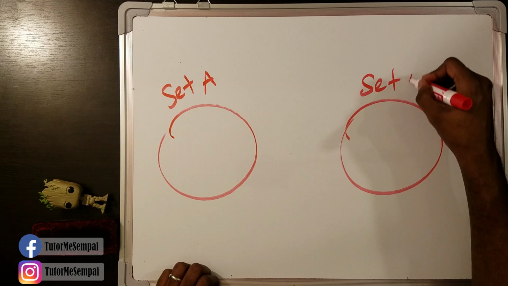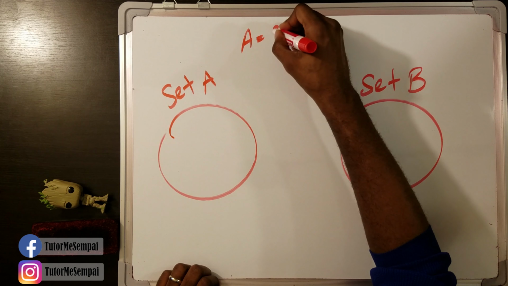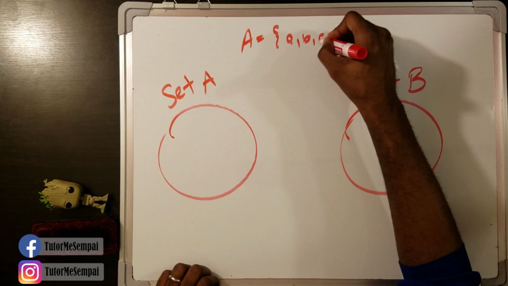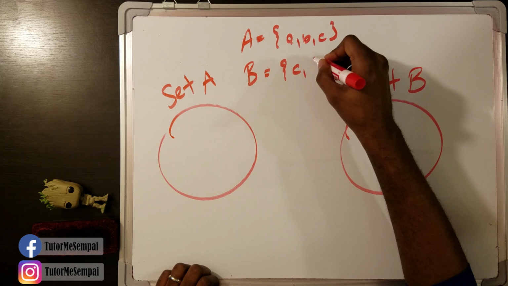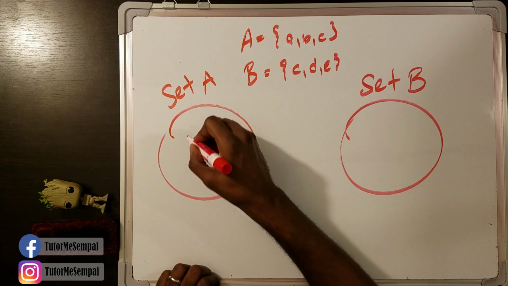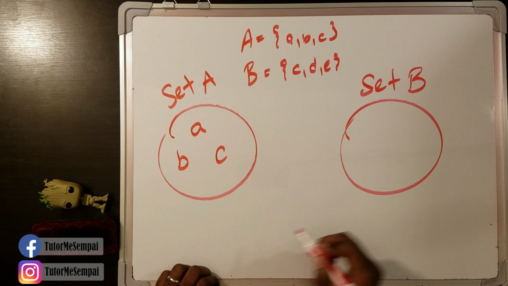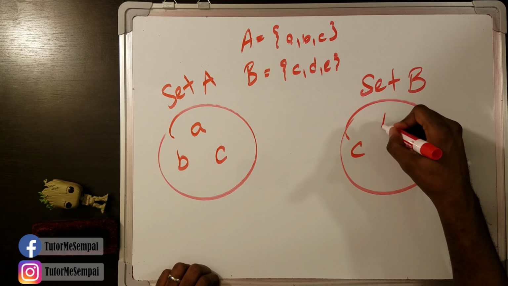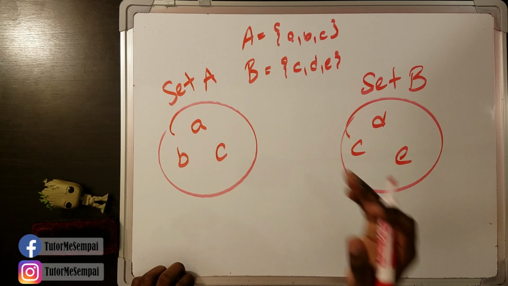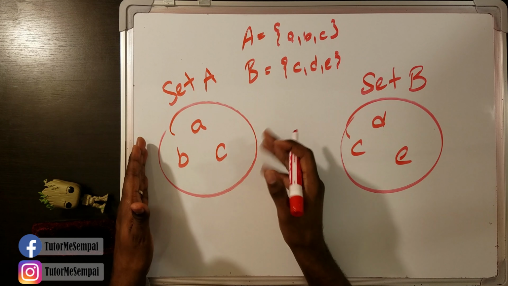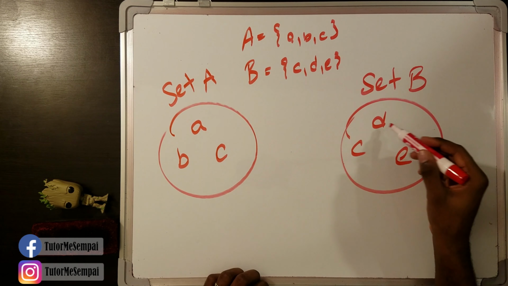So this is set A and this is going to be set B. And if we have, once again, A being, let's say A, B, and C, B being C, D, and E, then we would just write this set as A, B, C, C, D, E, right? That's your Venn diagram. Set A, set B. The set A contains A, B, and C. Set B contains C, D, and E.